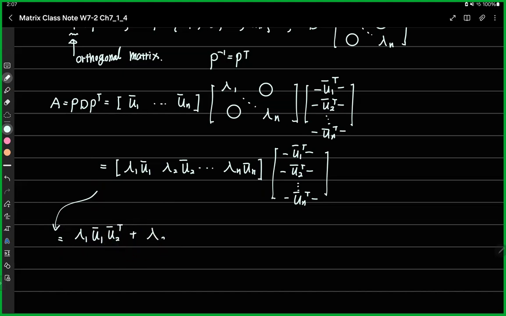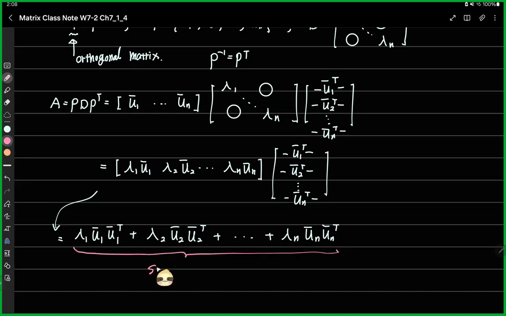Plus lambda 2 U2 U2 transpose, plus through lambda n UN UN transpose. That representation is called the spectral decomposition of A.